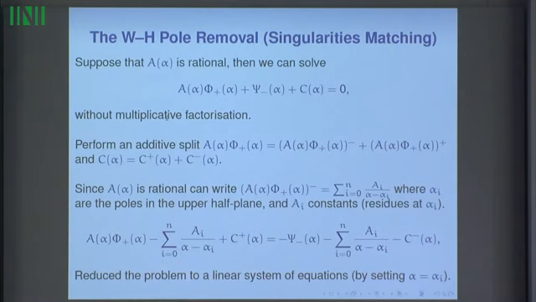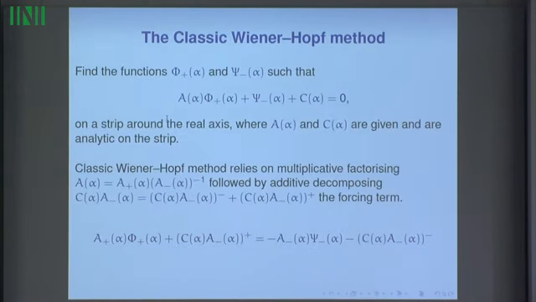Okay, so here are two different methods. And I guess I'm going to make some comments. Comment number one: you would say, well, if A was rational, we know how to factorize a rational function, so there's nothing to do. We might as well have done this method, and everything would have been well.